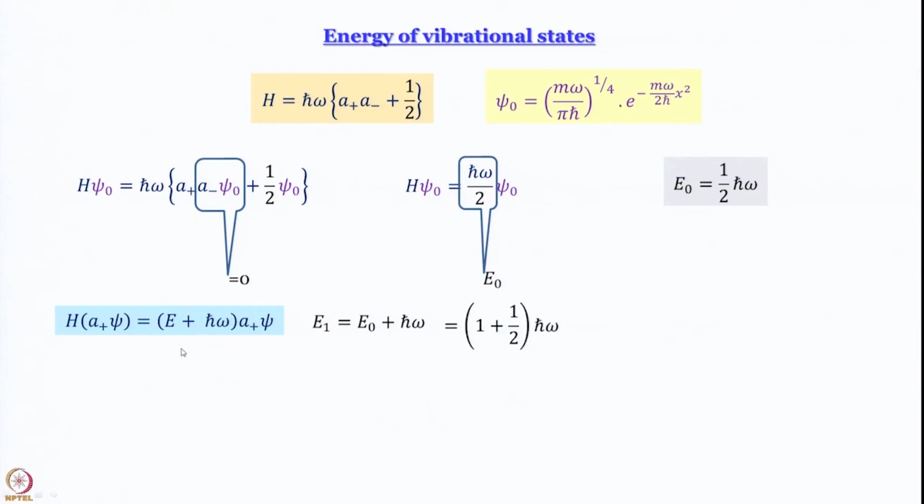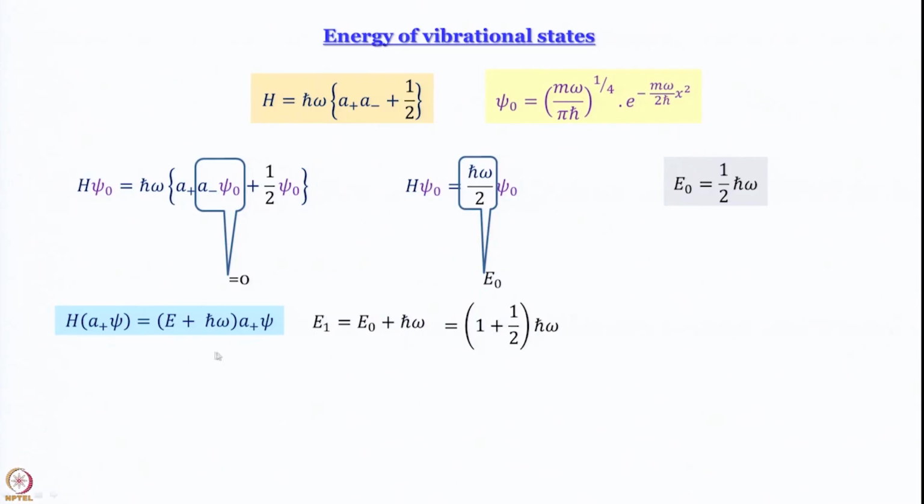What will E2 be? Well, sorry, so E1, I can write this E0 as half ħω, and I can take ħω common outside the bracket. So, I will get (1 plus half) ħω, 3 by 2 ħω, but let me write it in the form 1 plus half, because that will lead us to the general form of the energy anyway.